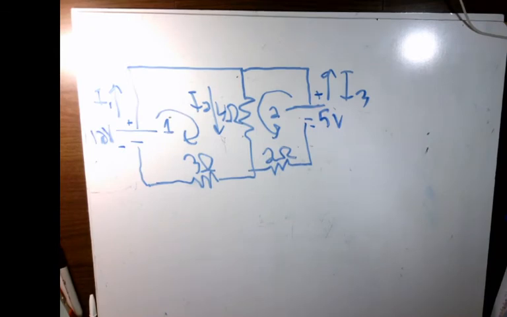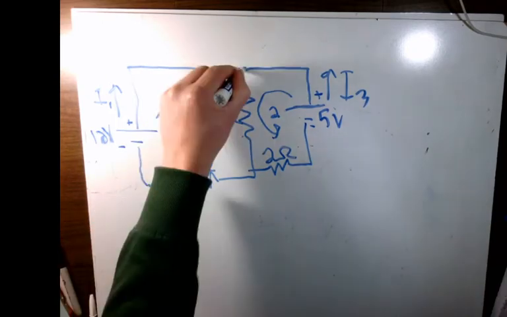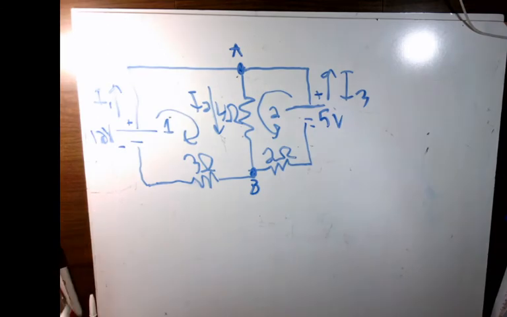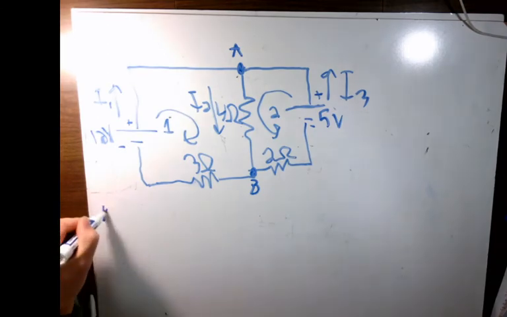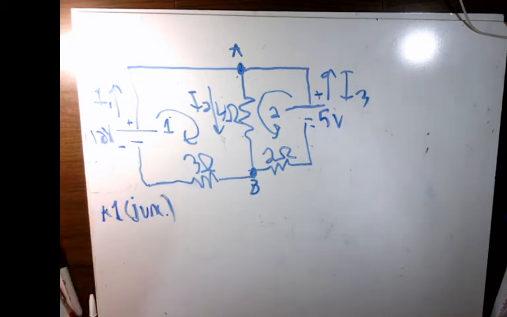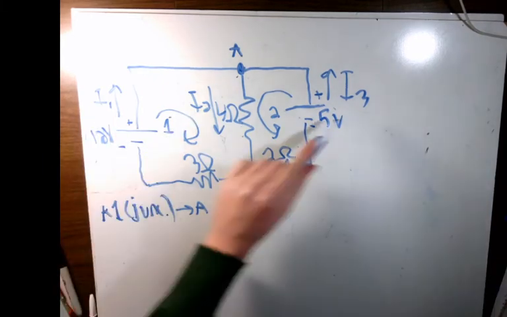So as we've drawn it, first we do our junctions. Call that A and that B. For Kirchhoff's first law with our junction, we get one equation at A, which is I1 and I3 going in.